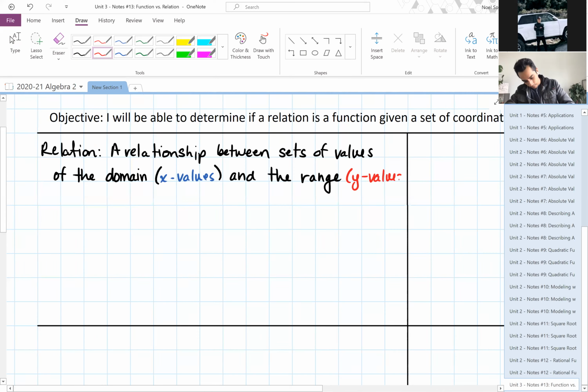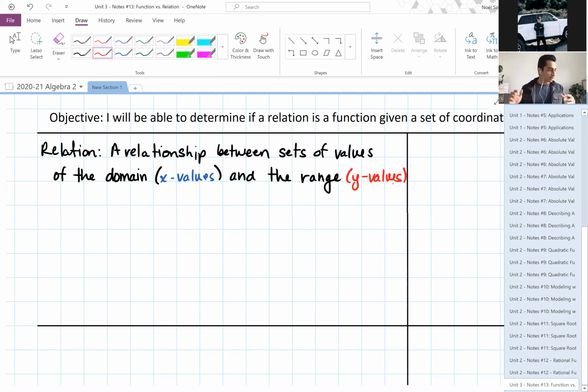Right, so some of this language is a little bit familiar because last semester we spoke a lot about domain and range. And we discussed it in the sense of domain is like everything that the x-axis covers, and then the range is everything that the y-axis covers, right? And so we spoke about what is the domain of a function, like absolute value, or what's the domain of a quadratic, and then we spoke about what is the range as well.